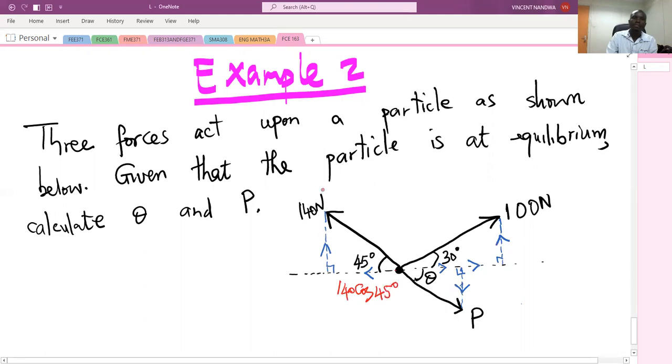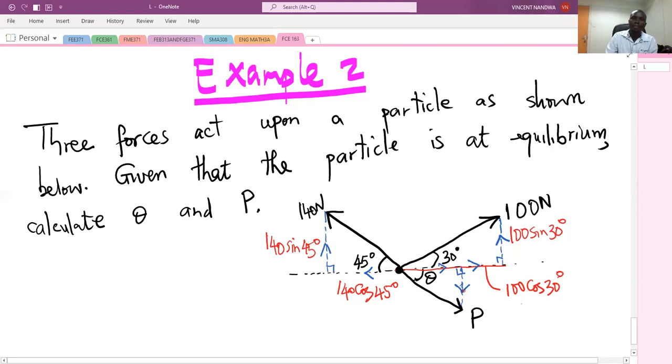And then here, this is vertical, so it will be 140 sine of 45 degrees. This one will be 100 sine of 30 degrees. And then this horizontal length here will be 100 cosine of 30 degrees.